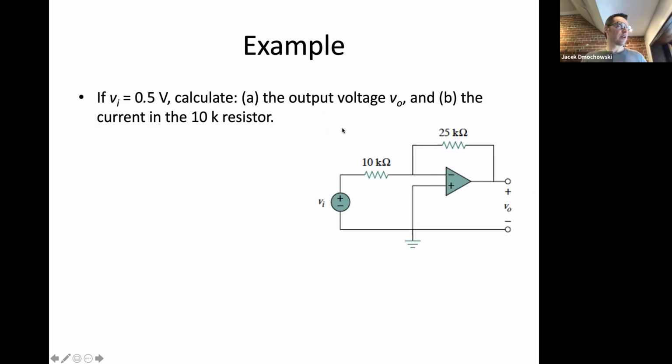So let me ask you guys, if my input voltage here is equal to 0.5 volt and my feedback resistor is 25K, my input resistor is 10K, what will be the value of V naught in this circuit based on what we saw last slide?